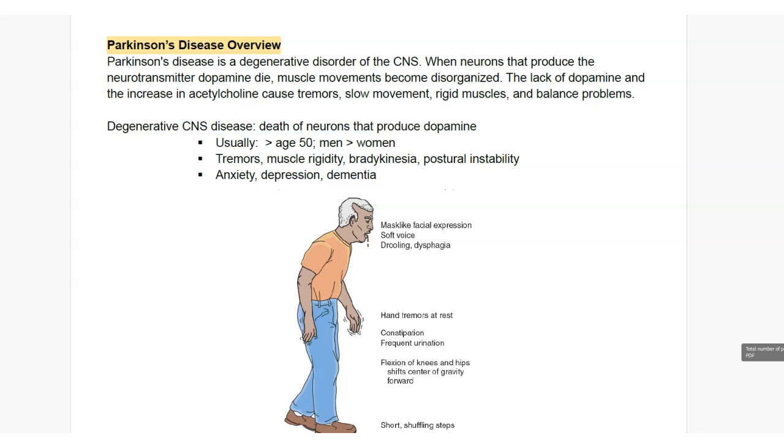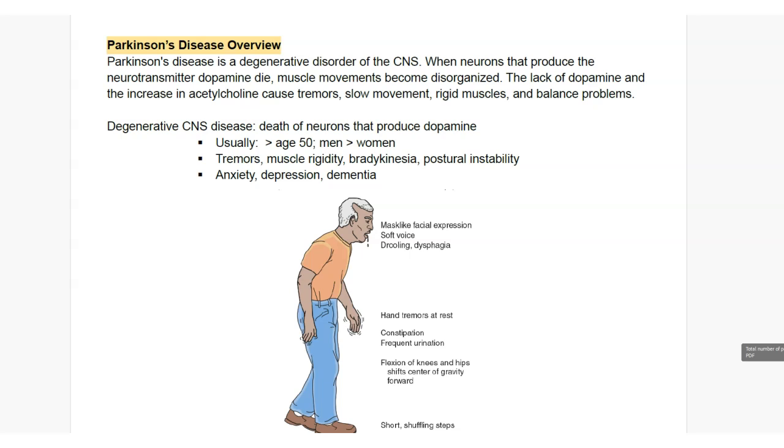And as we talked about previously, dopamine is very important, especially when it comes to our movement and coordination. We typically see Parkinson's in people age 50 and older, or older than 50, it's more common among men, but there have been cases of women as well as individuals who are younger than 50 years old.